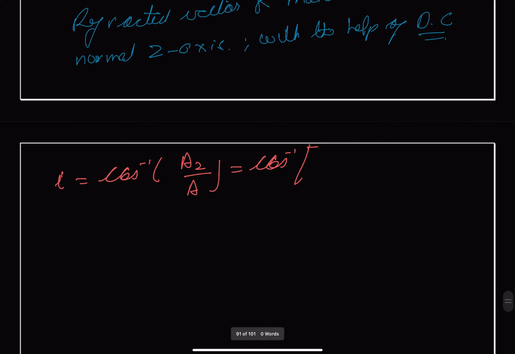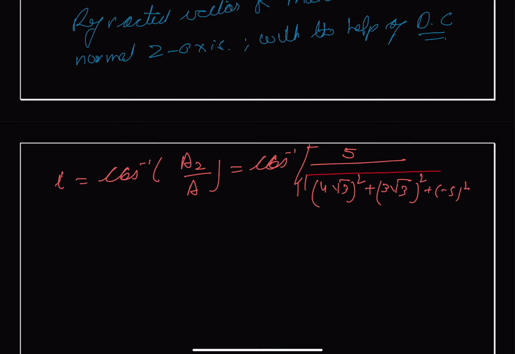So the vector A in the z direction is 5, divided by the magnitude, which will be the square root of (4 root 3) squared plus (3 root 3) squared plus 5 squared.